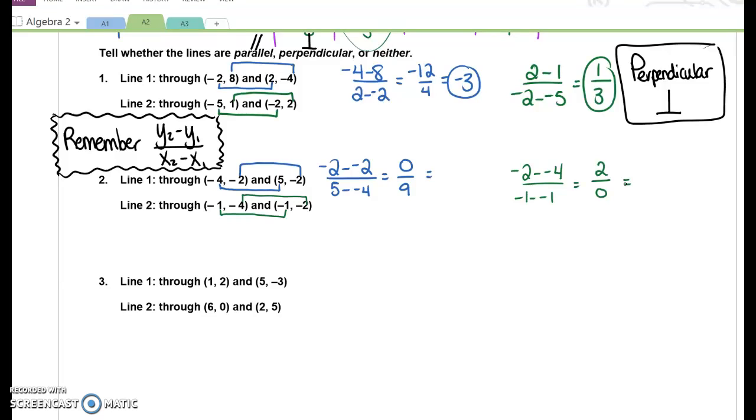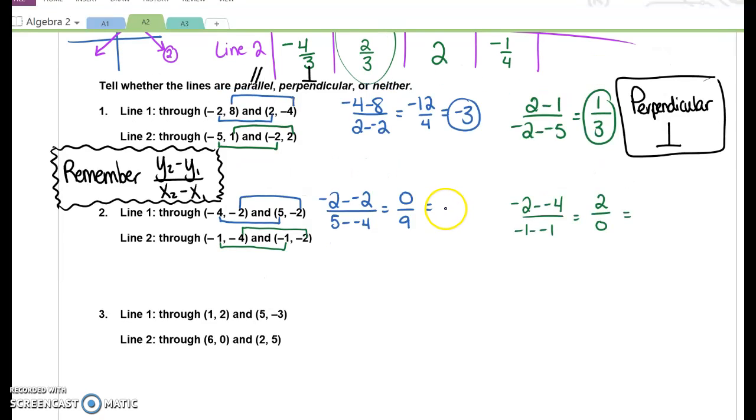What does 0 over 9 equal? 0. So the slope of line 1 is 0. Line 2, I got 2 over 0. What is 2 over 0? Undefined. Do not write 2, do not write 0, write undefined.